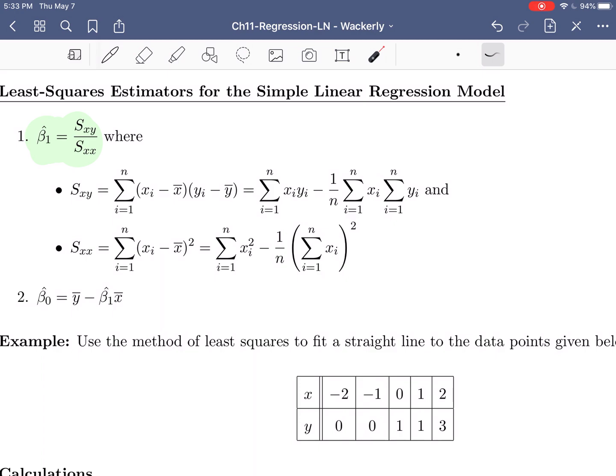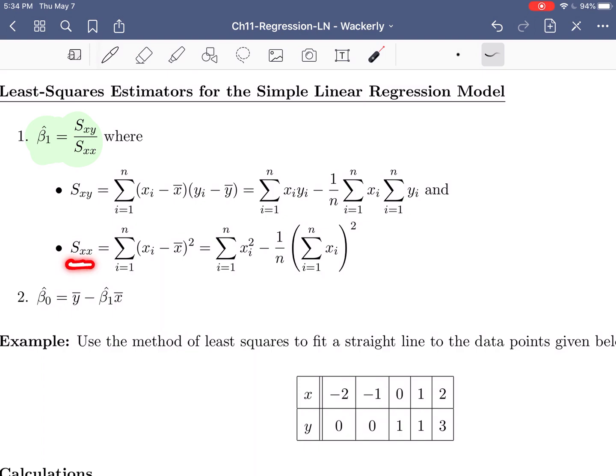For that first S sub xy, we take each of the actual observed x and y values and just multiply them together, and sum those. Then we take the sum of just the x values times the sum of just the y values, multiply those two things together, and divide by n. That's how we would find S sub xy.